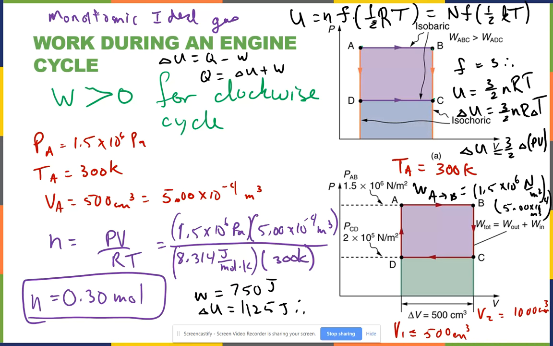I now have every possible calculation I can have for going from A to B. And you can repeat those calculations for every step going from B to C, C to D, D back to A. As a rule of thumb for these kinds of problems, I use a spreadsheet. In the spreadsheet, the first thing I do is calculate the pressure, volume, and temperature at each stopping point.